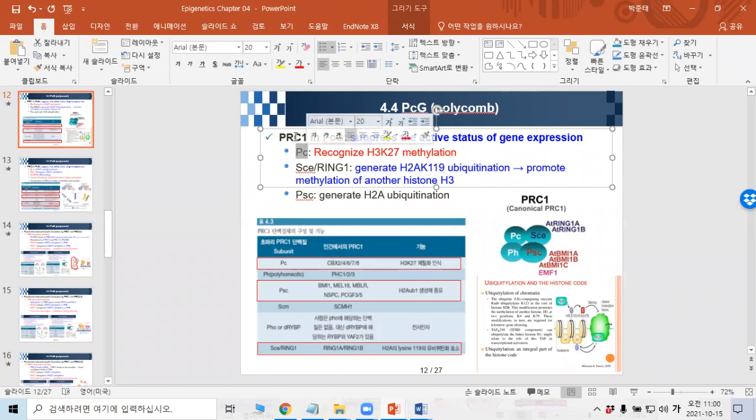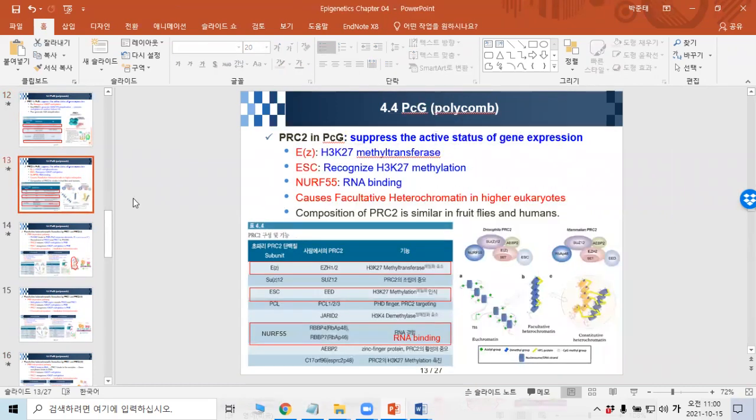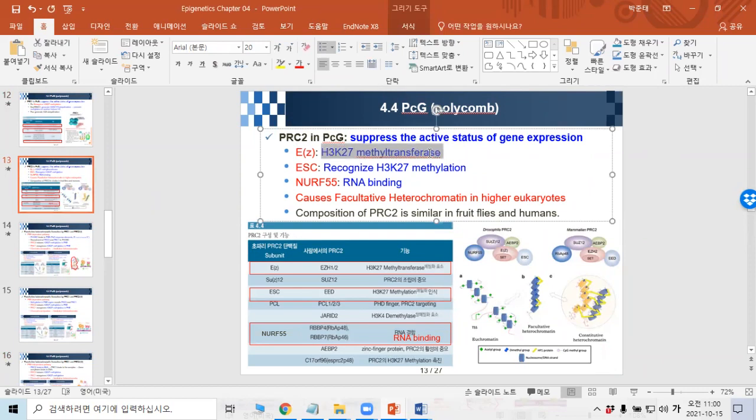PRC1 is composed of PC, SCE and PSC. Especially PRC1 can recognize the methylation. How about PRC2? They have the methyltransferase, and also another subunit, ESC, that can recognize the methylation.